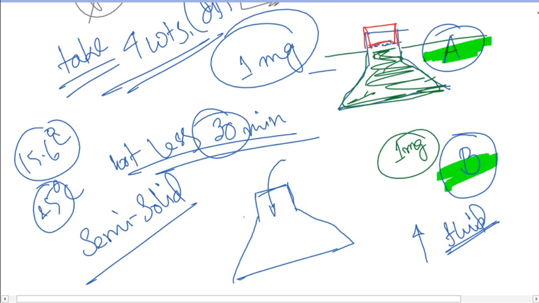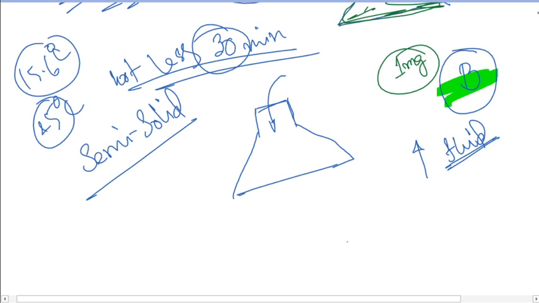But while increasing the temperature, we must remember that we cannot raise it as much as we desire.